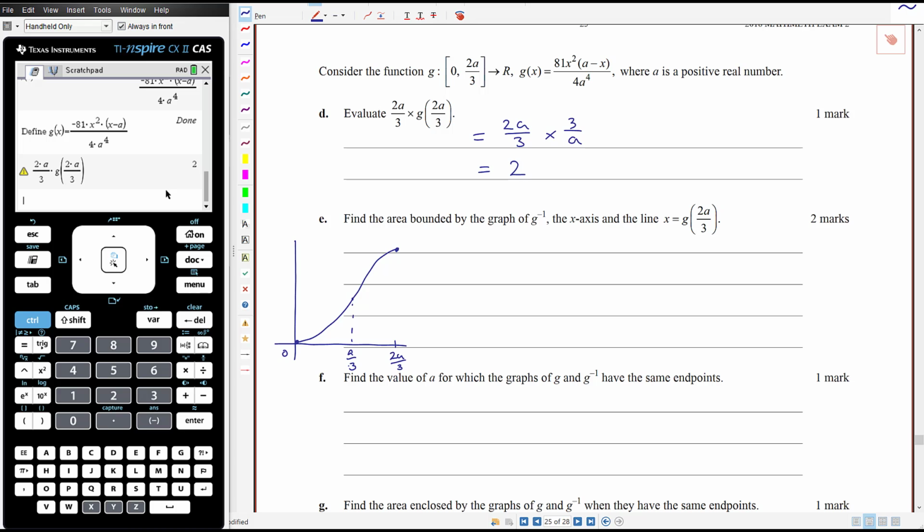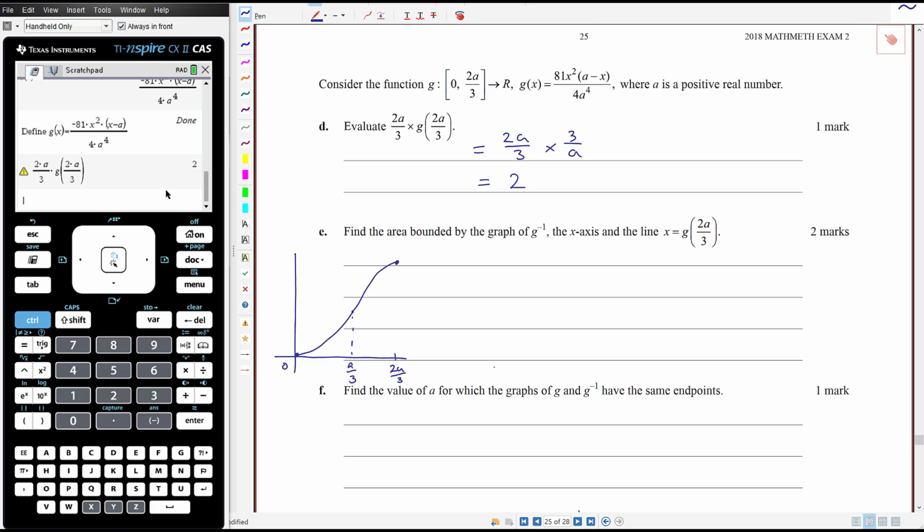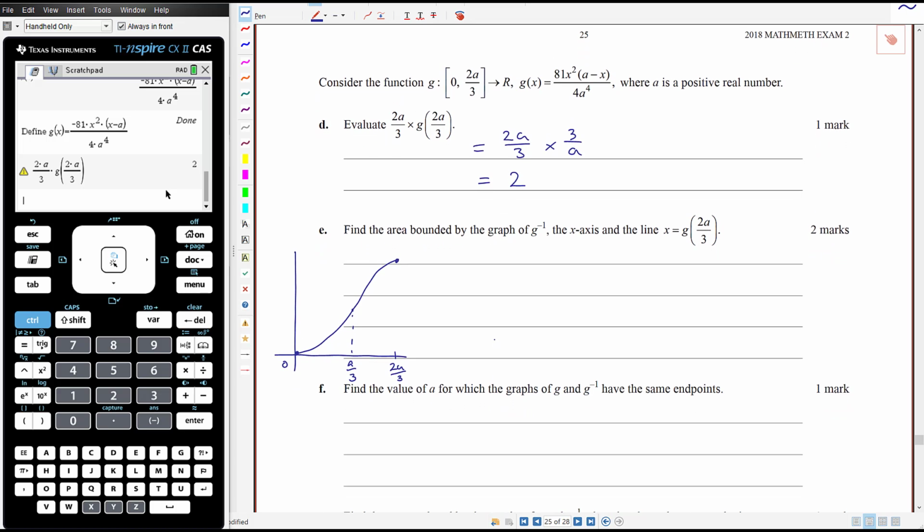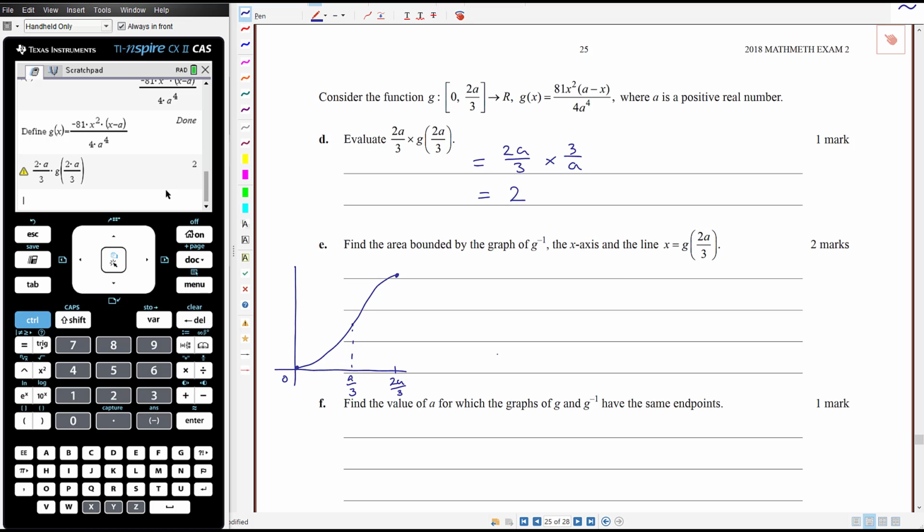When we find the inverse function, this was the point 2a on 3, 3 on a. The inverse is going to go through the same point.